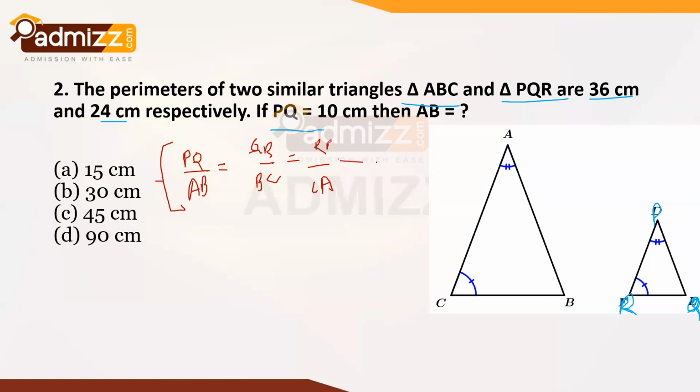This particular relation happens only in case of similar triangles. Now we know the value of PQ over AB. From this same ratio, what we can also establish is this entirely is equal to PQ plus QR plus RP, all divided by AB plus BC plus CA.